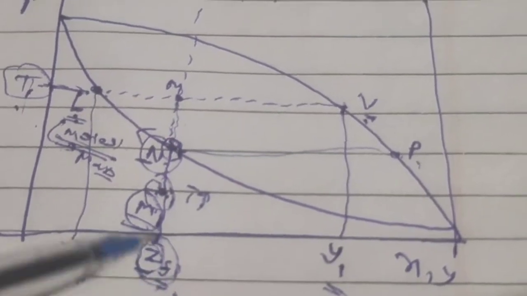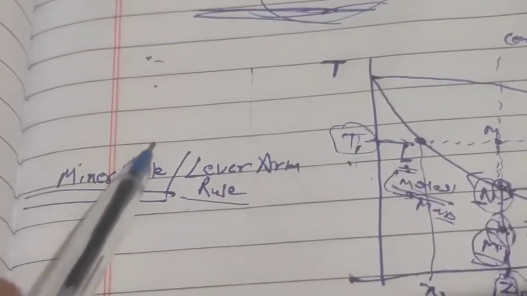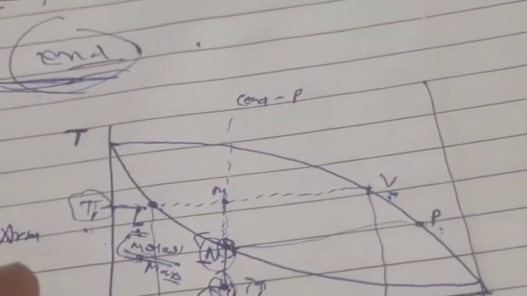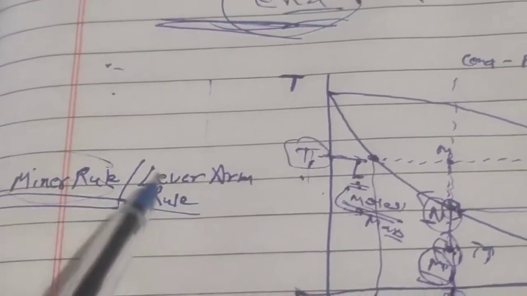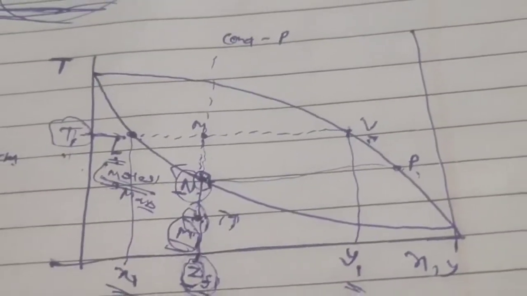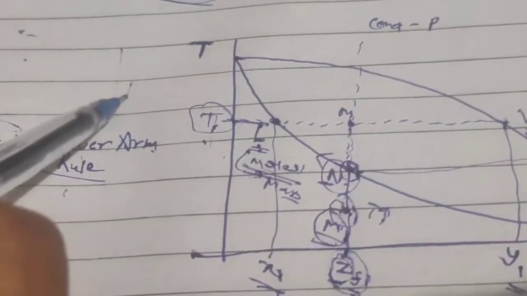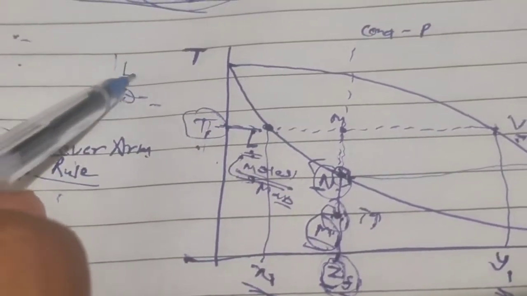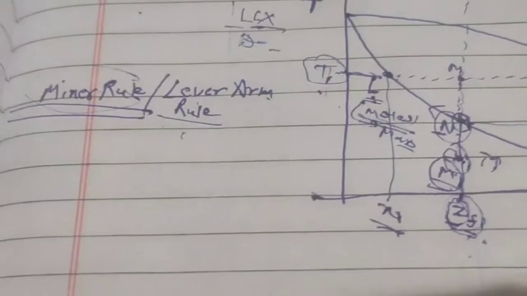So from this we are going to look at a very important concept, a very important rule, which is called the mixture rule or lever arm rule. This rule is very important, not only in this topic, but later we will learn about liquid extraction, and there also this rule will be very helpful.